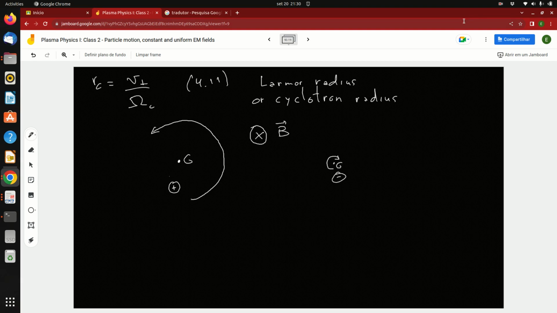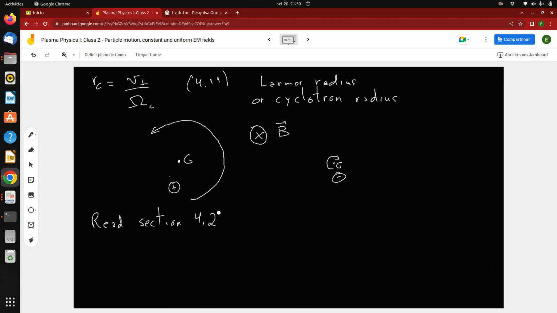If you have trouble visualizing the helical motion of the charges in this uniform magnetic field, then you may want to read section 4.2 of the book, in which it has the solutions in Cartesian coordinates.